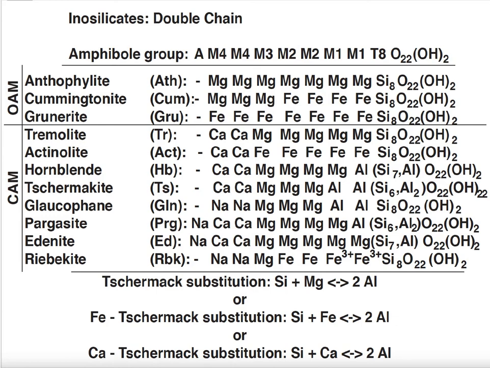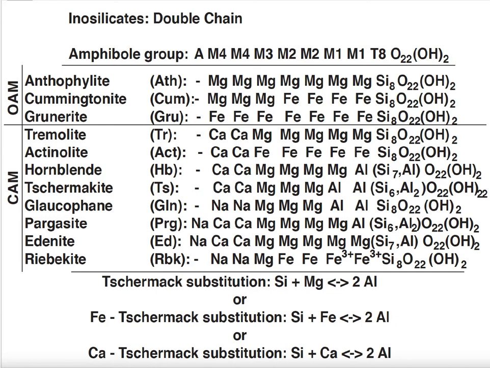So then we are starting with the anthophyllite. The anthophyllite is an orthoamphibole with the mineral chemical formula Mg7Si8O22OH2. So let us just check if this is true. Magnesium is 2 times positive charged, then 7 multiplied by 2 is 14.